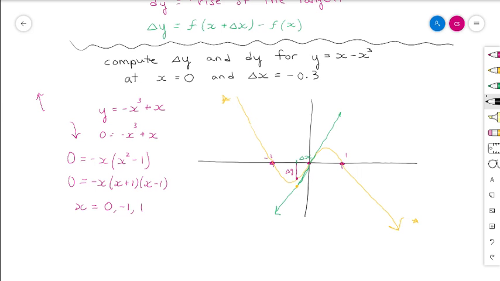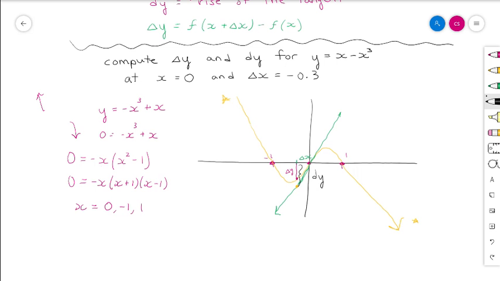And that distance, that's going to be your dy. So that's what we're finding. First, we have to find delta y, the vertical change on the curve, and then we're going to find dy, the rise on the tangent line.